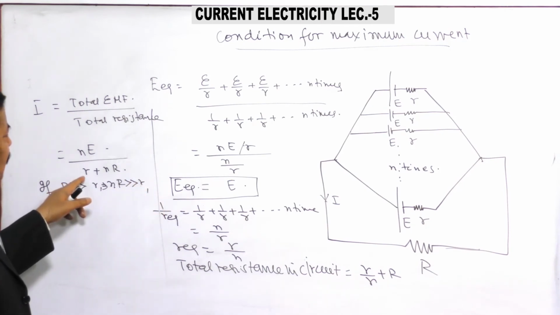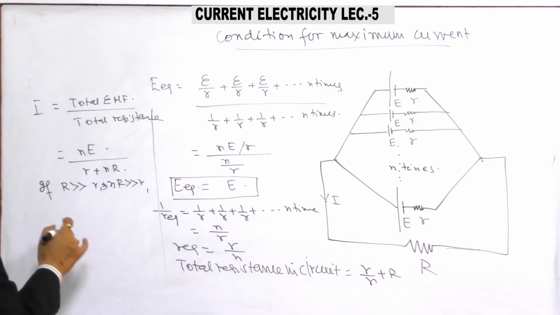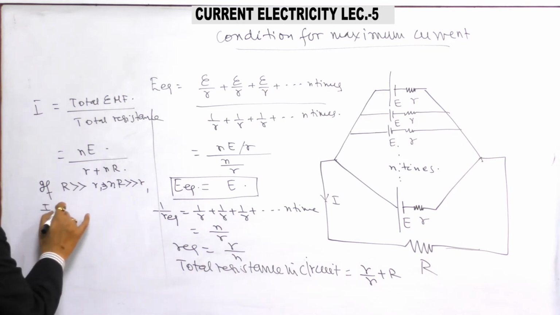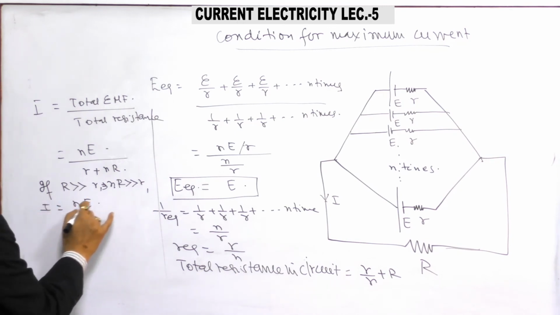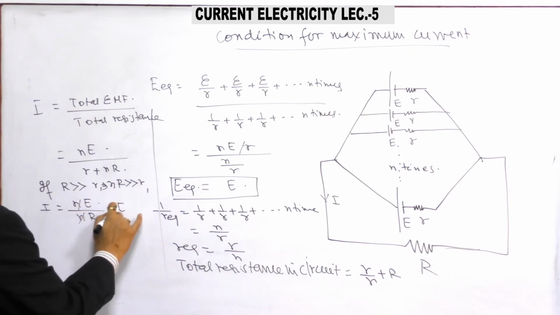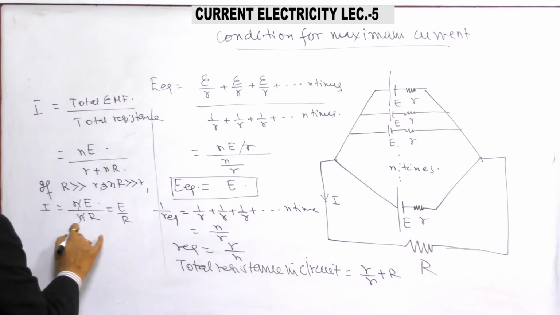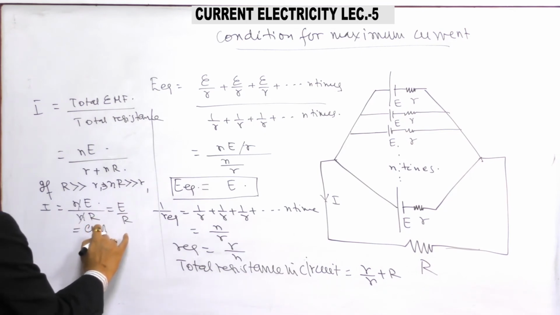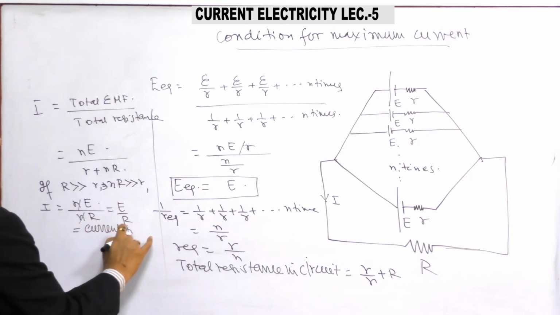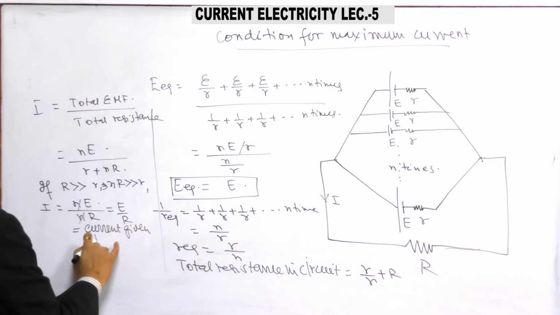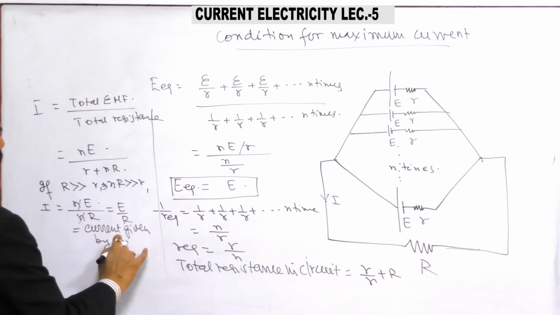Then we will neglect this term, and what we are getting is I equals nE by nR. So n and n will cancel, E by R, that is the current given by one cell.